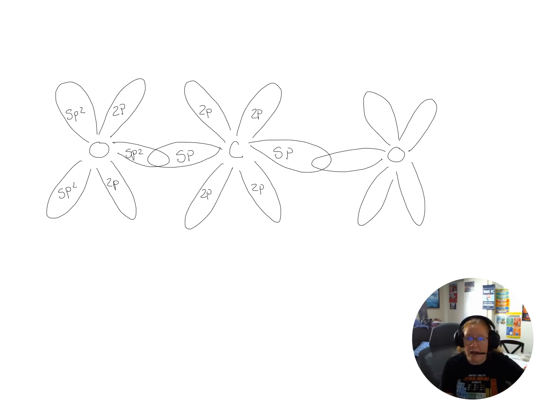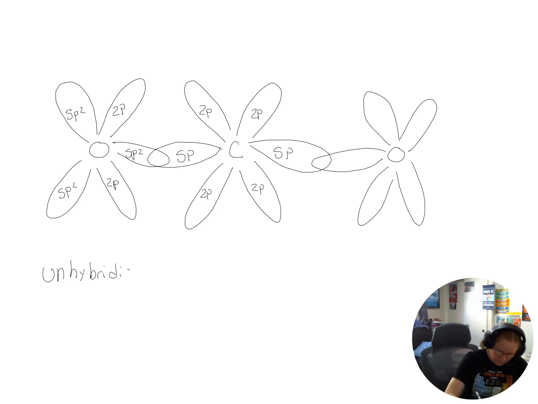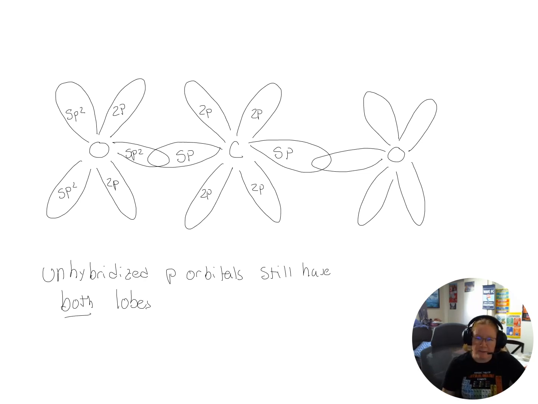So remember, unhybridized orbitals still have their 2 lobes, okay? All right, so that's one thing to keep in mind, that unhybridized p orbitals still have both lobes, because remember, a p orbital has 2 lobes to it, okay?